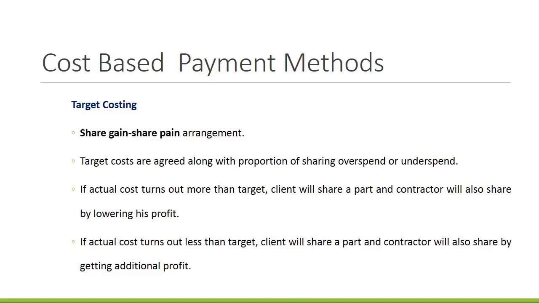So if the actual cost of the work on the project turns out to be more, client will share a part of it by providing extra funding, and contractor will also share a part of it by reducing his profit margin. Similarly, if the actual cost of the work package or the whole project is lower than the target cost that has been agreed, contractor gets his share as an additional profit and client gets his share through the reduction of costs on the project.